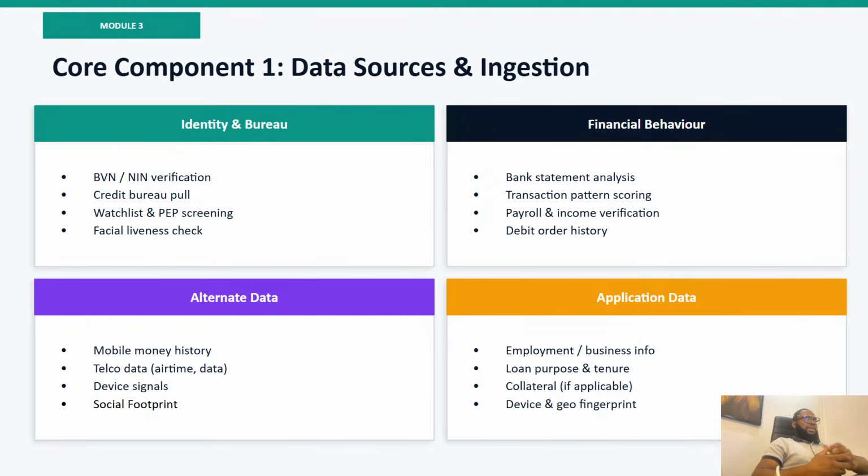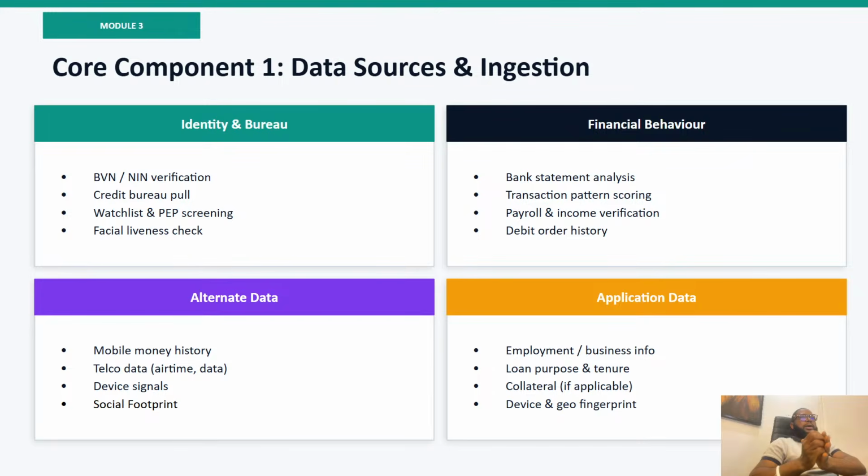For those that usually get this via spreadsheet, this can also be uploaded to their DB and retrieved via API. And within seconds, you're able to get all the information you need from the financials of the customer. And alternative data cannot be overlooked. We have mobile money history, telco data, device signals, which Emeka will touch on, and also the social footprint, and the application data.